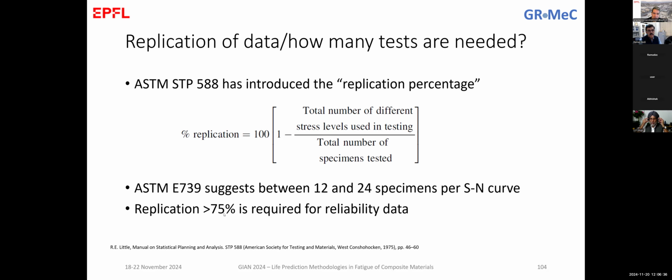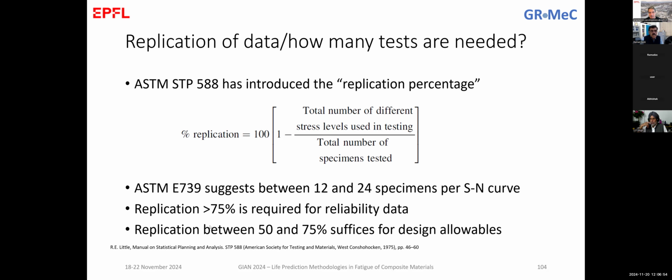If you see the standard itself, it says that you need at least 75% of replication to have reliable data. This doesn't mean that if you have a replication of 70%, you cannot have reliable data. And again, the standard says that between 50 and 75%, this number of replications is sufficient for design allowables.